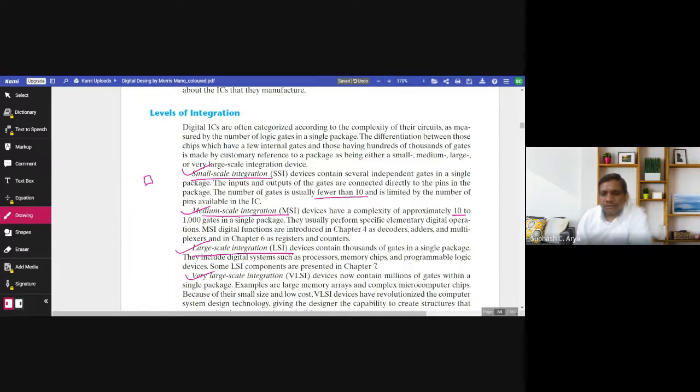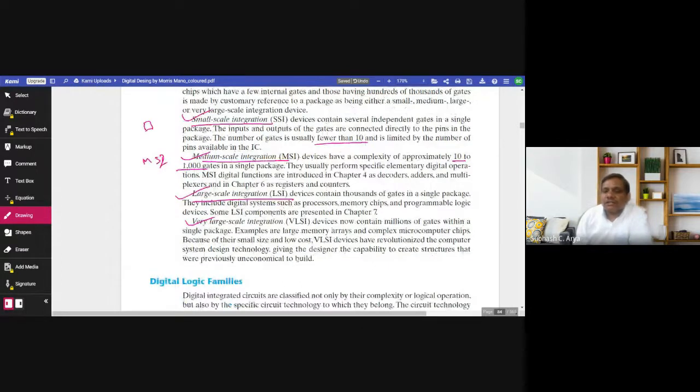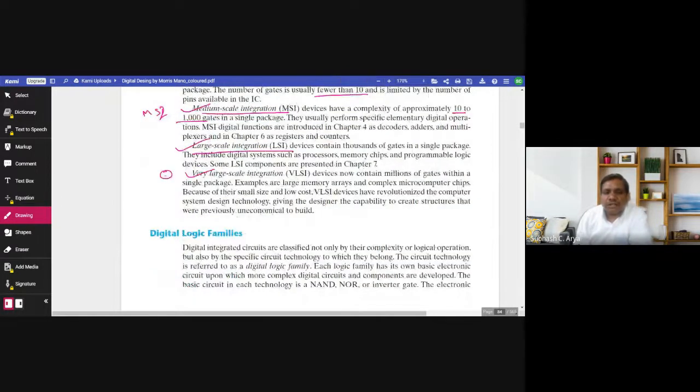If the number of gates is from 10 to 1000, then it is medium scale integration, MSI. If the number of logic gates is greater than 1000 and less than 10,000, then it is large scale, and so on, up to very large scale integration. It tells about the packaging density: a large number of devices in a small area makes it a very large scale integration circuit.